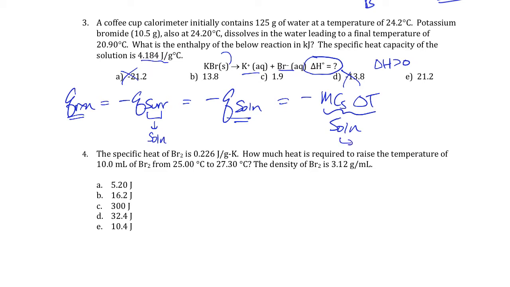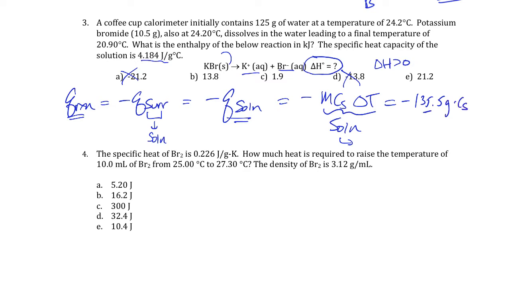And then the M would be the mass of the solution here, so the KBr plus the water. So the mass of the KBr and its products can be in the solution and be part of the mass of the solution here. And so that helps us figure out that we're going to do minus the M being 135.5 with 3 sig figs grams times the CS.